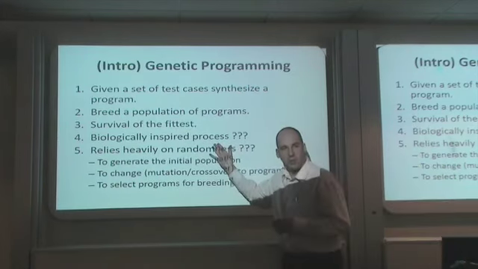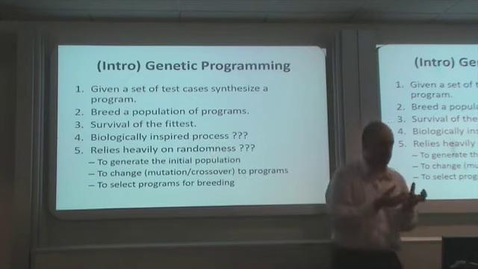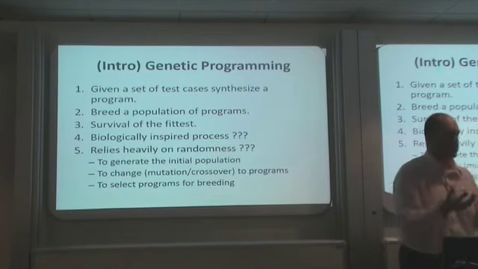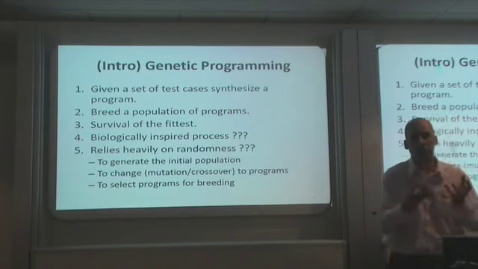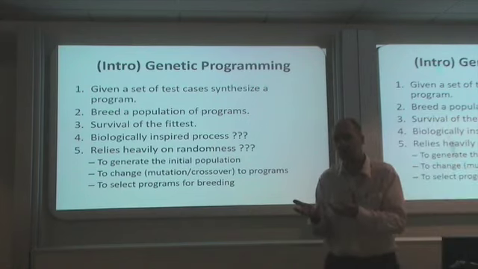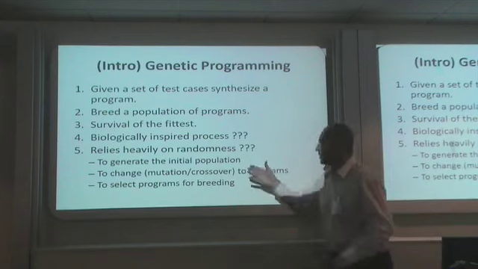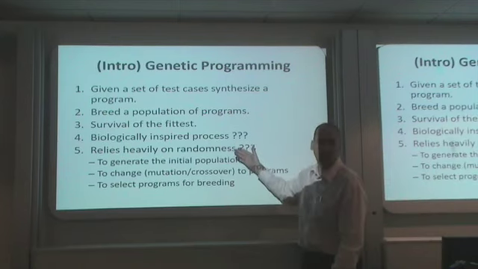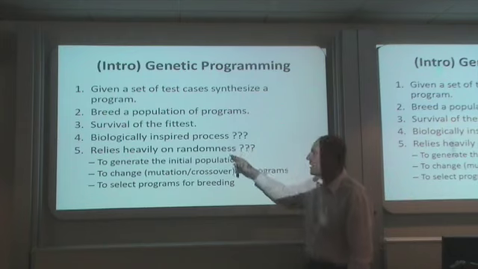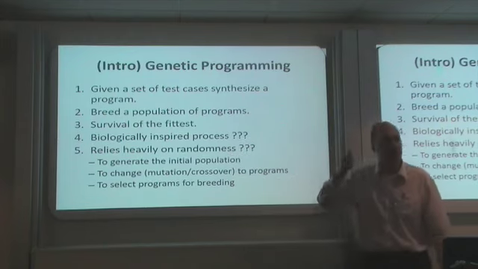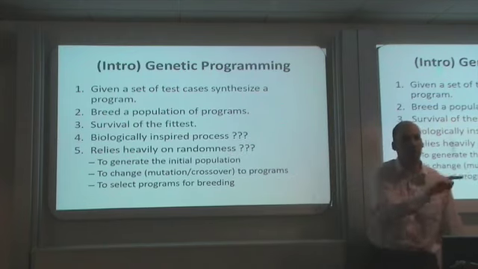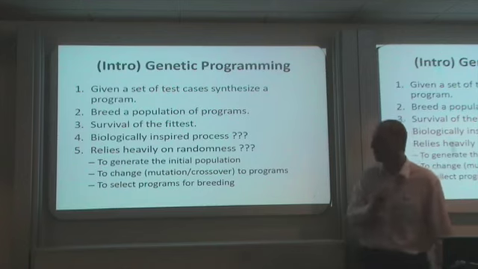This is a biologically inspired process, but just because evolution is good at searching the space of DNA, does that imply it's good at searching the space of computer programs? Not at all. This process also relies heavily on randomness. And here I mean randomness in probability, not Kolmogorov randomness. They're two completely different things.